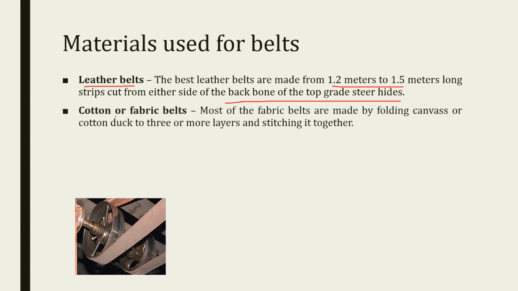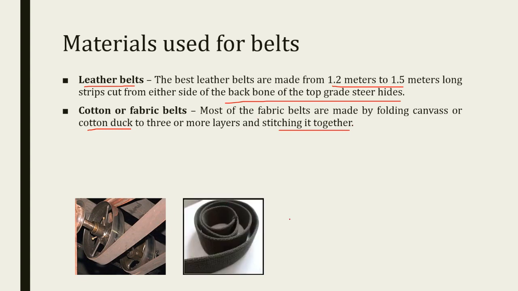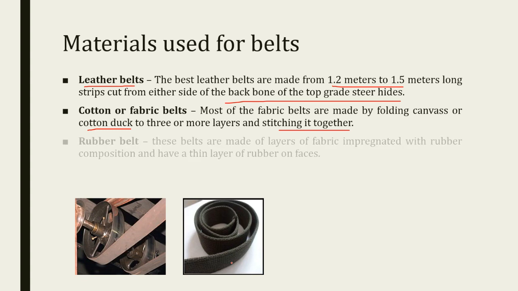Then you have cotton or fabric belts. Most of the fabric belts are made by folding canvas or cotton duck to 3 or more layers and stitching it together. The importance of cotton fabric is that it can be used in warmer temperature, and also if there is some dampness in the belt, even then you can use the cotton belt. So this is the cotton type of belt which can be used for the transmission of power.